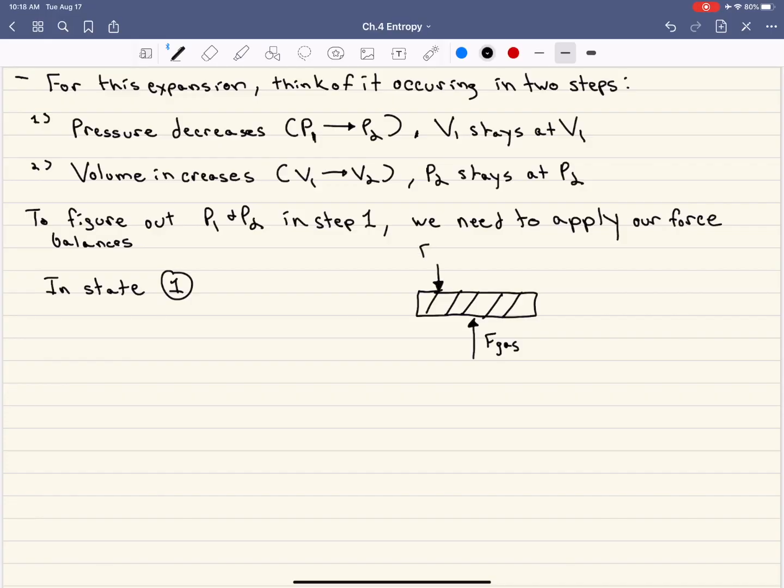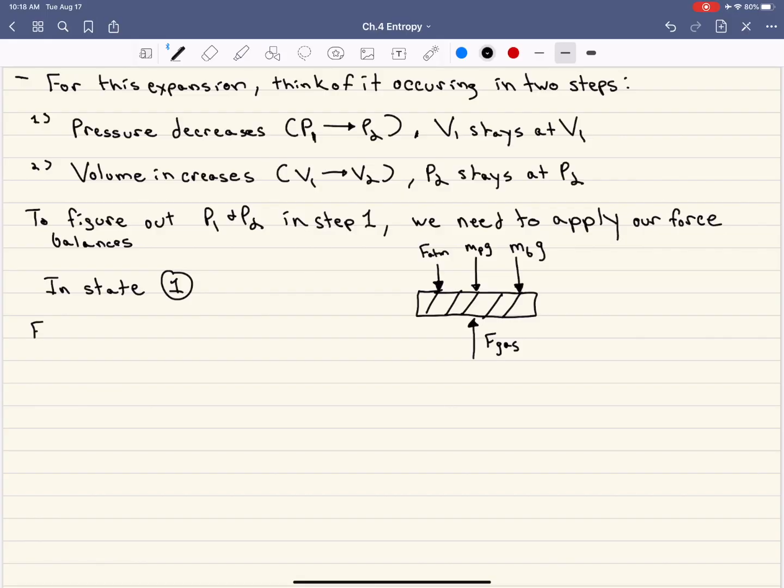We have the atmospheric force, which is due to the atmospheric molecules colliding with the piston. We also have the weight of the piston, which is equal to the mass of the piston times the gravitational acceleration. And we also have the weight of the block acting in the downward direction. These are the different forces acting on the piston.